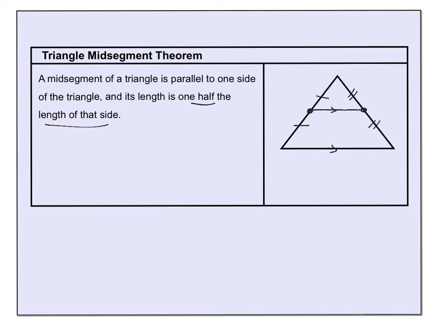The theorem says that if I have this length x, this is going to be half of x, or x divided by 2. That's true for every mid-segment.